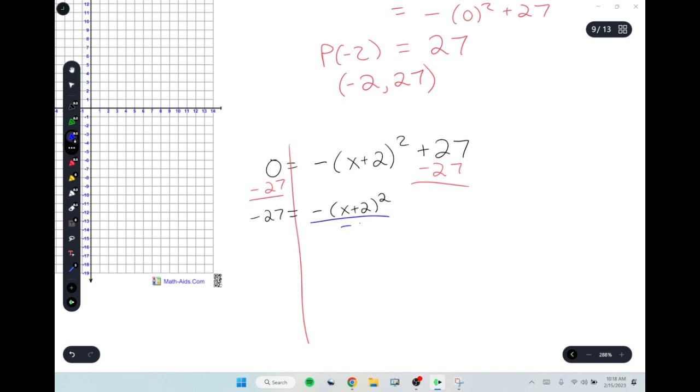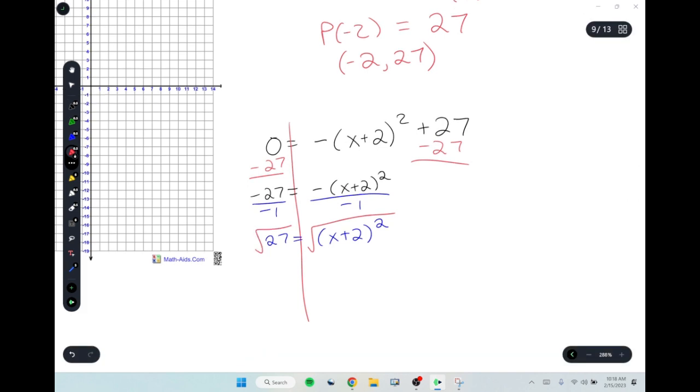Sure, divide by negative 1. Oh man, this is making this problem nice for us. 27 equals (x plus 2) squared. Oh wait, no, that's actually bad. I thought it was going to be nice. Root. Yeah, that's the next thing, right? Oh, crap. What did we do?